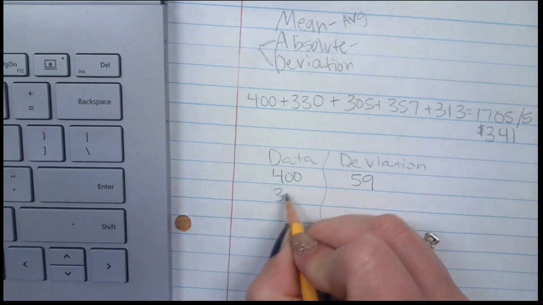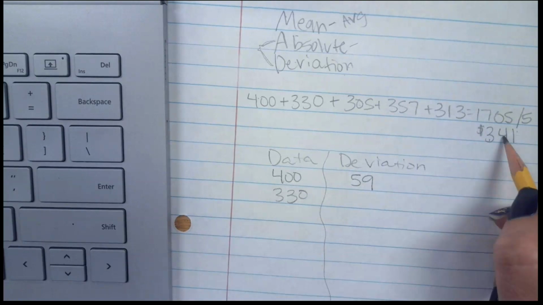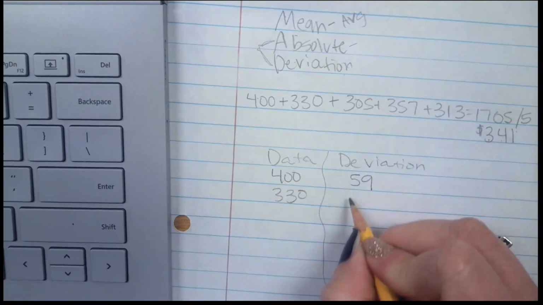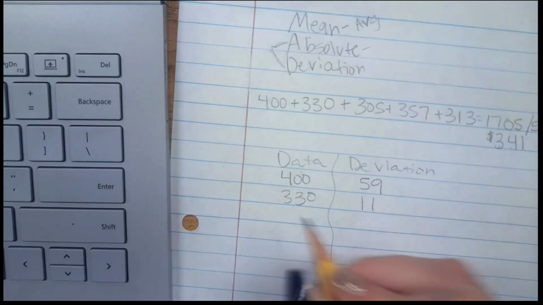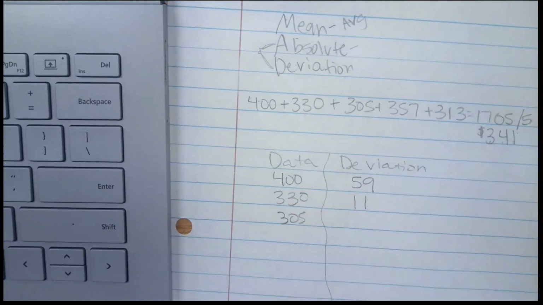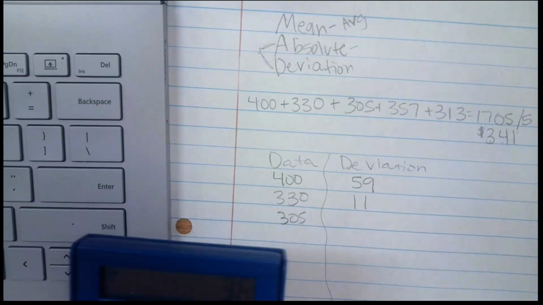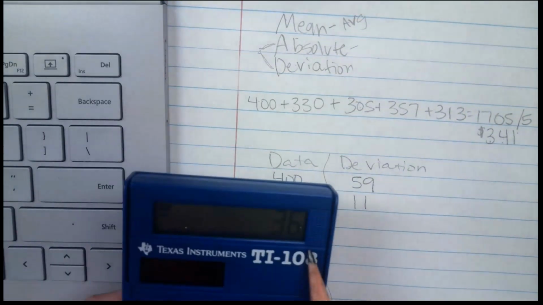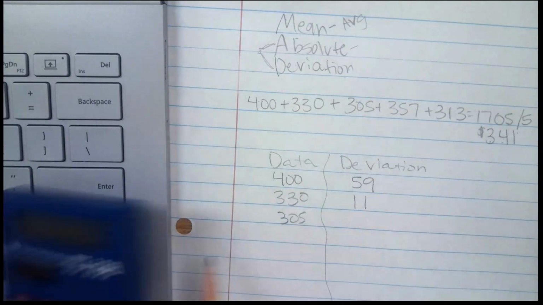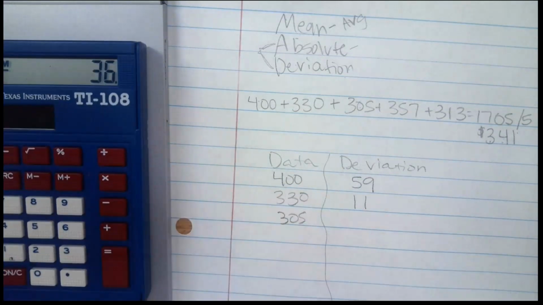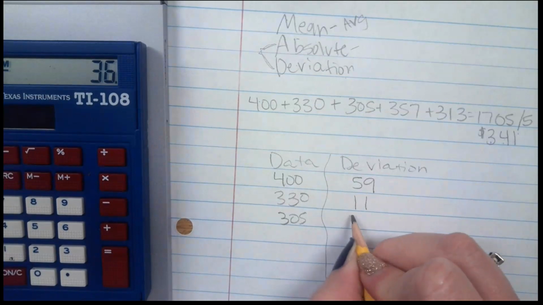Then I'll do the same thing with 330. That one's a little easier to do in my head. It's 11 million away from the center, so it's a little closer. Then we have 305. I'm going to use my calculator for that. 305 minus 341. It's negative 36 million away, but again, we don't care if it's to the left or to the right, under the mean or above the mean. We just care how far it is from the mean.